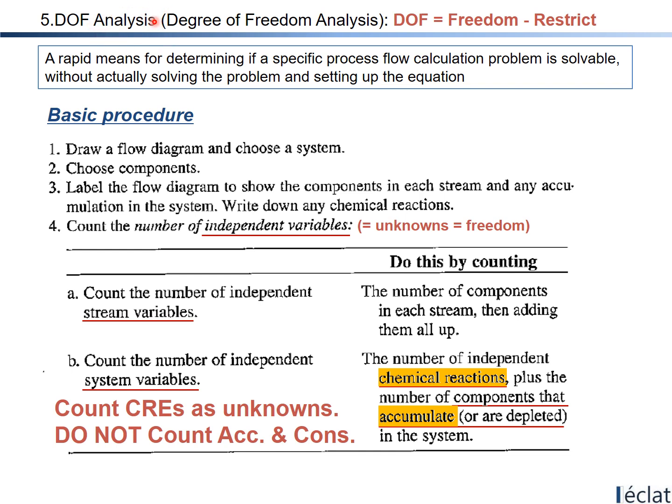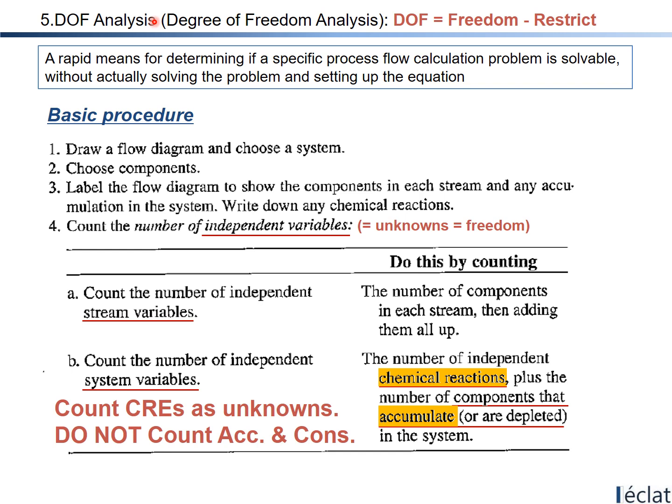Actually, you have already done the degree of freedom analysis in the previous subchapter 4 for the process calculation. For example, in step A, you counted the number of material balance equations by defining the components for the material balance equations. Then in step B, you counted the number of unknowns or variables.